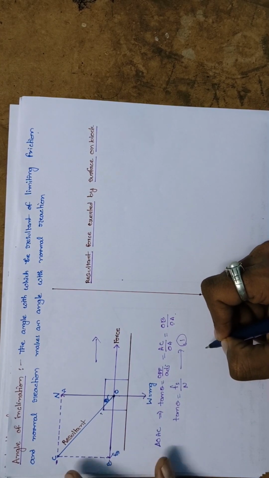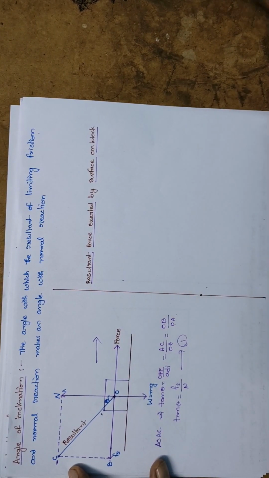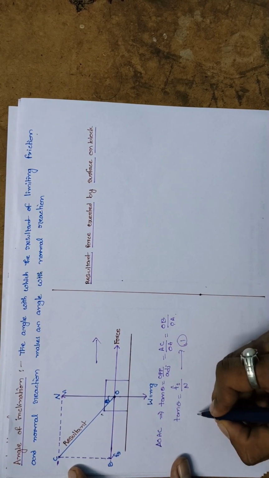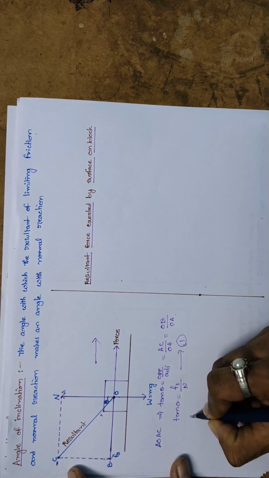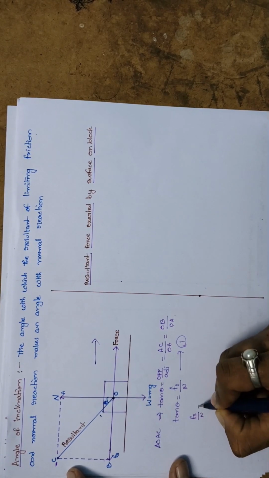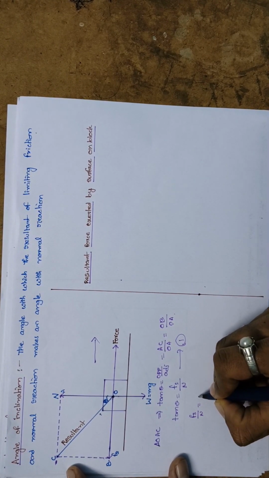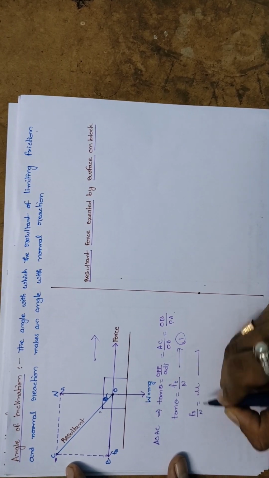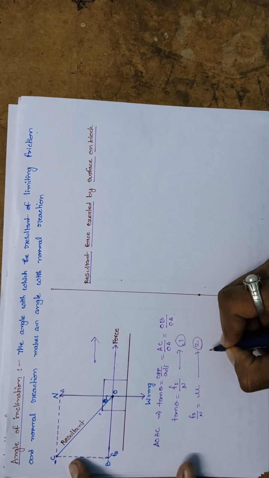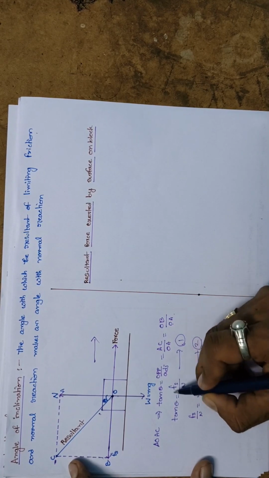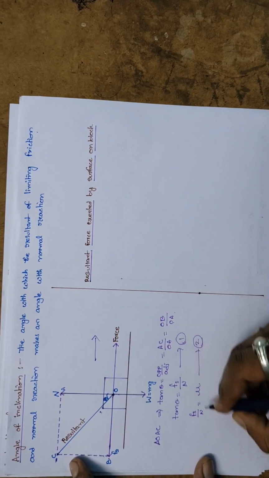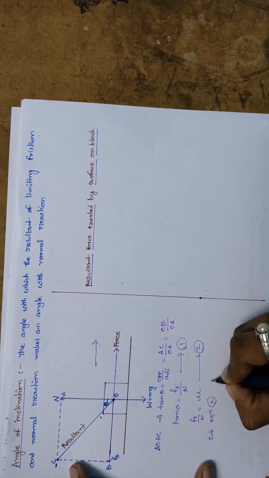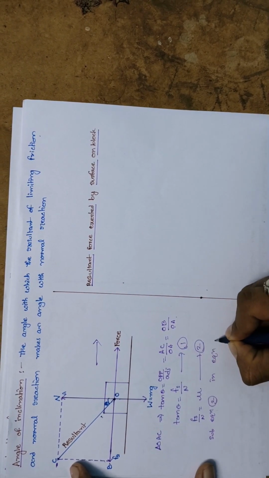We know from the types of friction discussed in part 1, that is limiting friction or kinetic friction, that Fs by N is equal to mu, because mu is equal to Fs by N. Let us call this equation number 2. Instead of Fs by N, I substitute mu, so substitute equation 2 in equation 1.